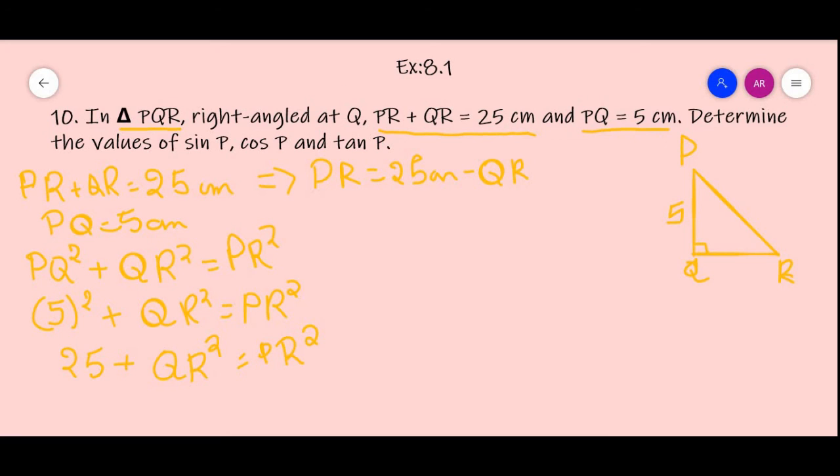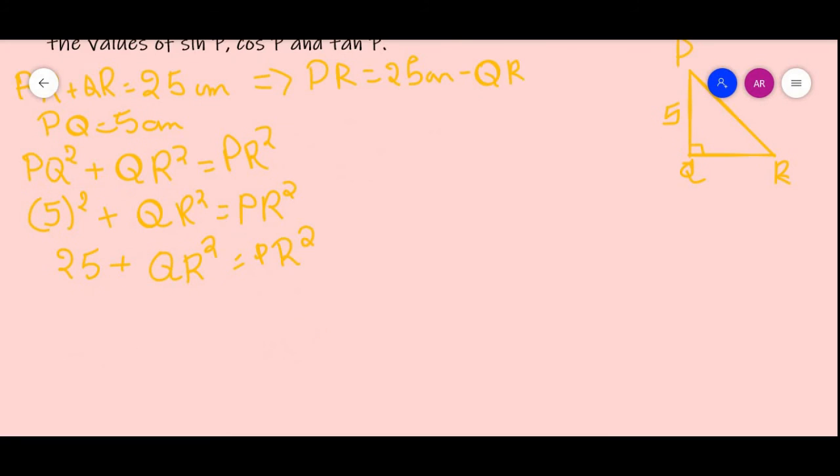Okay, so in our Pythagoras theorem also, let's substitute it and see what happens. We have got 25 already, so let's continue from here. It's going to become 25 plus QR square is equal to PR square. We have got the value of PR, so let's substitute it: 25 minus QR whole square.